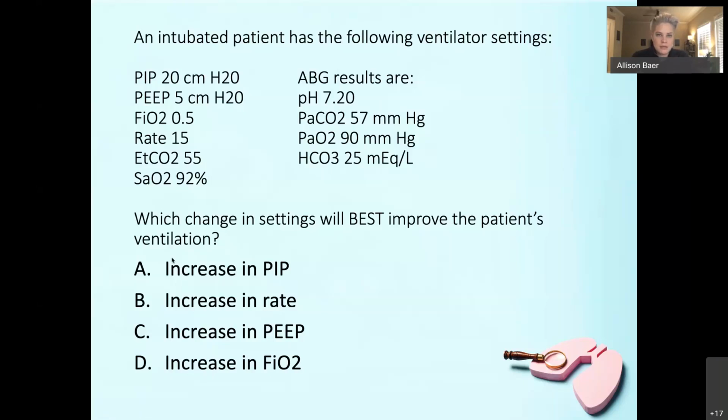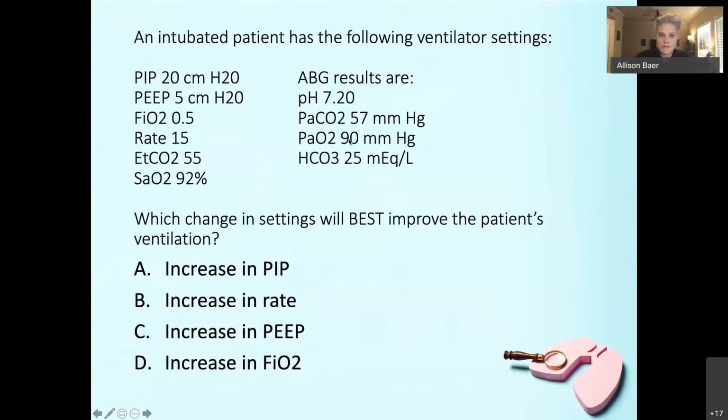Usually, I put this on here as an example of don't pick the first obvious answer. Usually you think ventilation, I think rate. Going up in their rate should blow off more CO2. And it will, but you want to look at more things here. First of all, their SATs are 92% on 50% FiO2, and their PaO2 is 90.